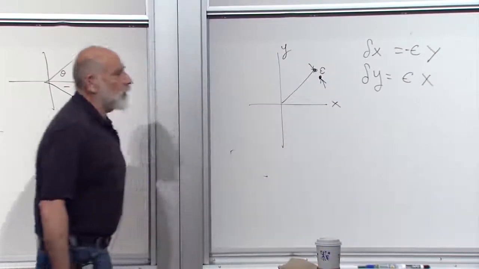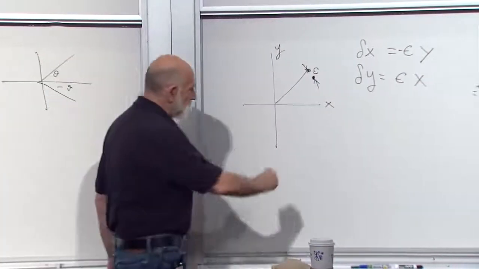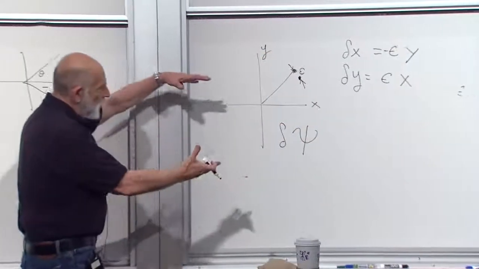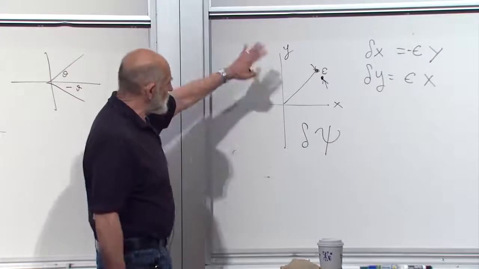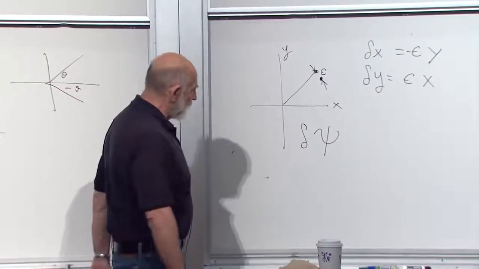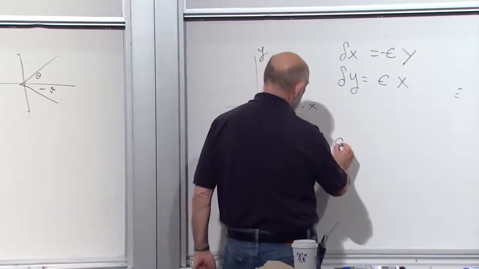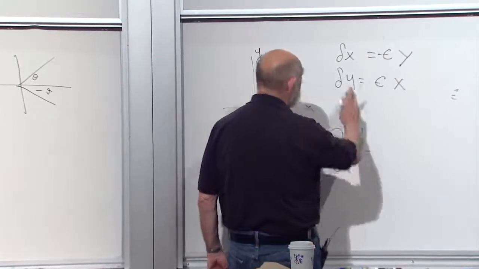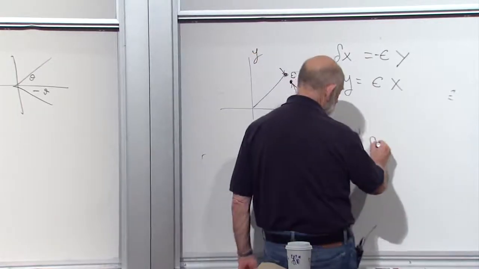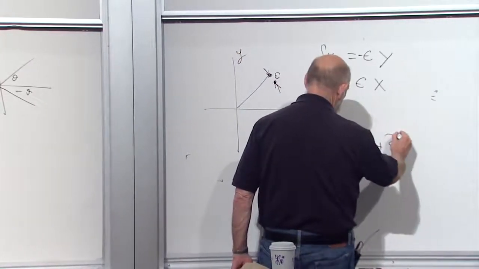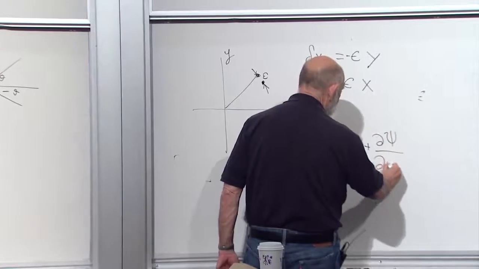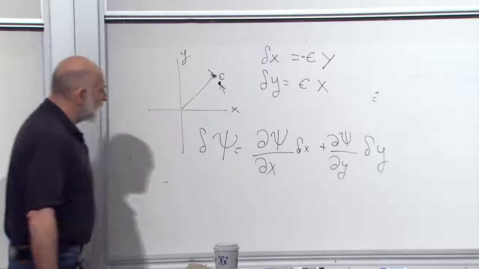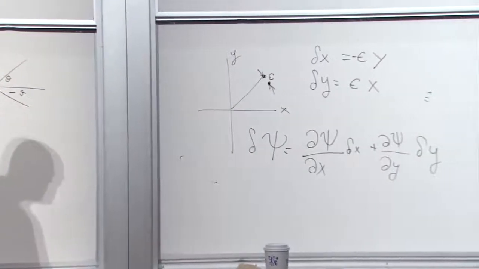Okay, now let's consider a wave function, psi of x and y. What is the change in the wave function if you reconfigure the system by rotation? It's equal to the derivative of psi with respect to x times the change in x plus the derivative of psi with respect to y times the change in y, if I shift the wave function.